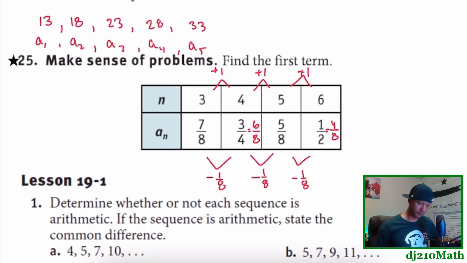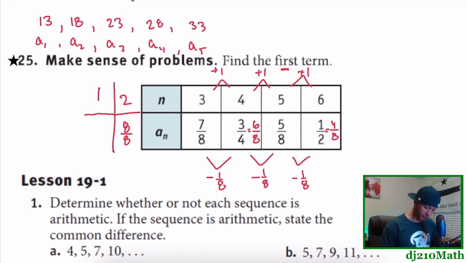So this says to find the first term. What would n equals 1 be? Well, 2 would be 8 over 8, and 1 would be 9 over 8. That makes sense because it would be decreasing by an eighth every time. So the first term would be 9/8.